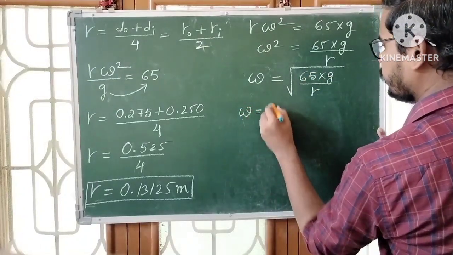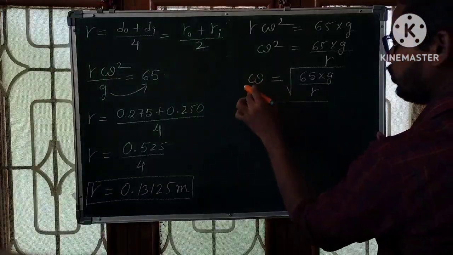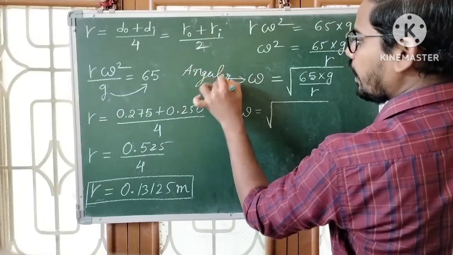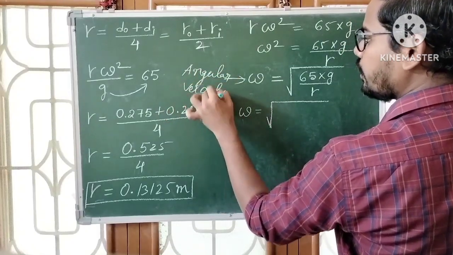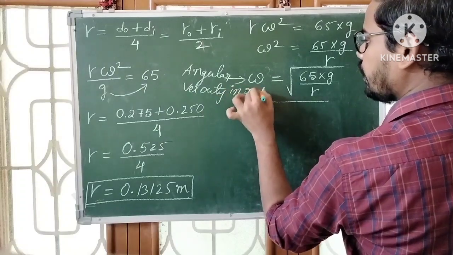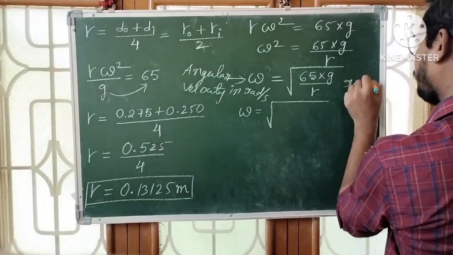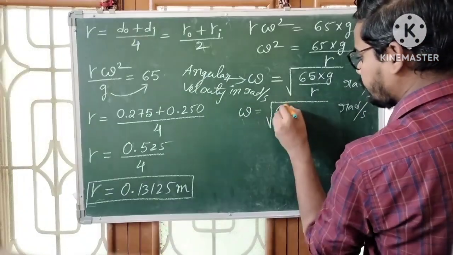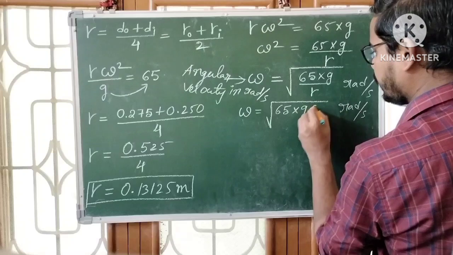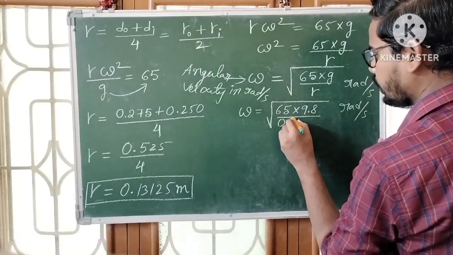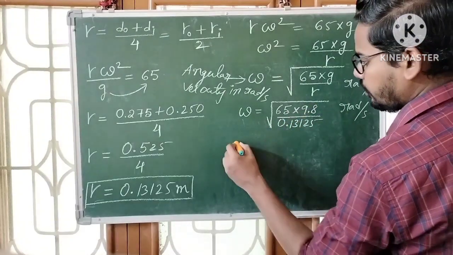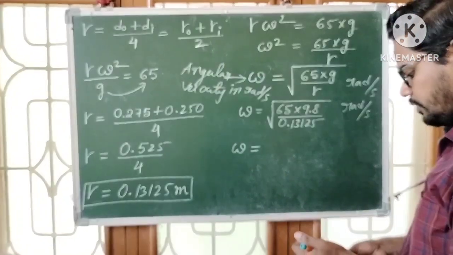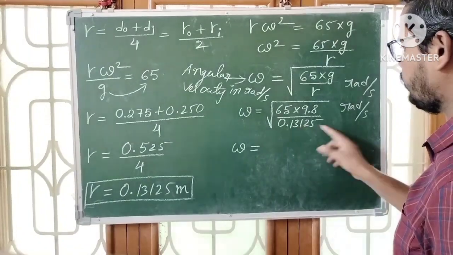Now substitute all values. Omega means angular velocity, in radians per second. So 65 into G, which is 9.8, by R, 0.13125. Omega is equal to root of 65 into 9.8 by 0.13125.